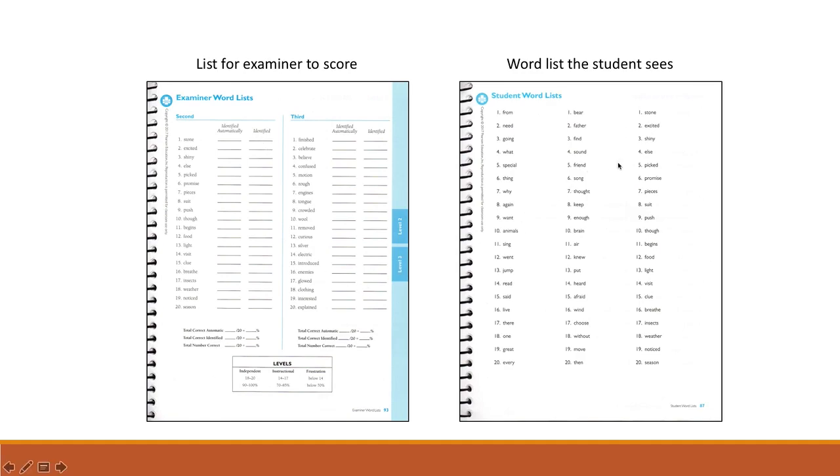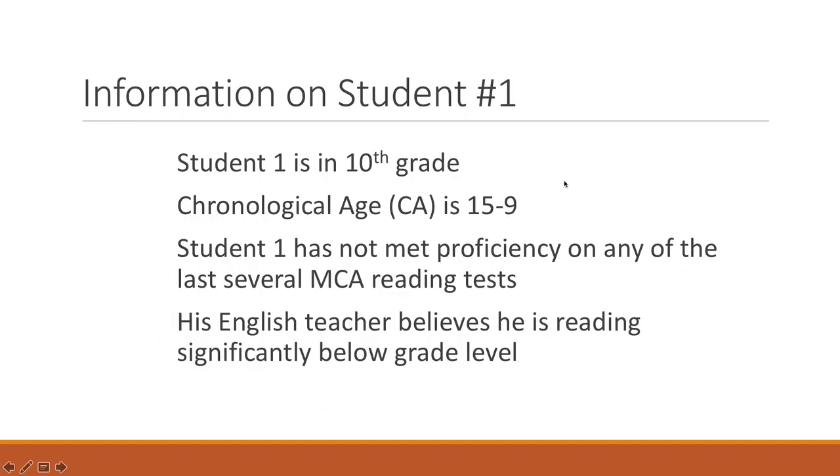And then this is the word list that matches this one. These are both available; I actually copied these right out of the QRI 6 manual. So this you will hang on to, this you will show the student. I generally try to cover up the word lists that they're not reading currently. That's up to you and what you know about the student.